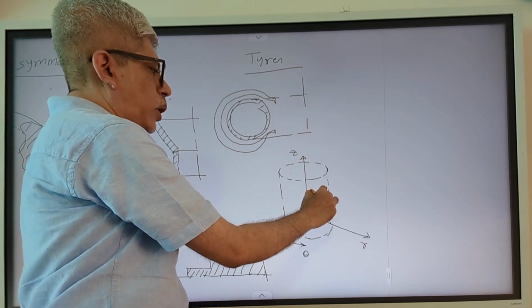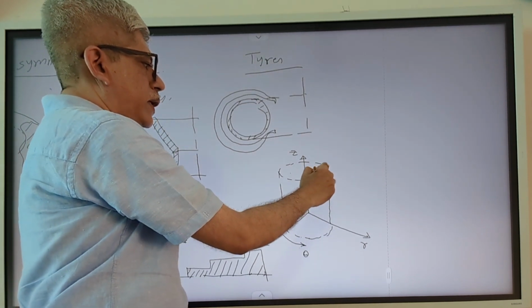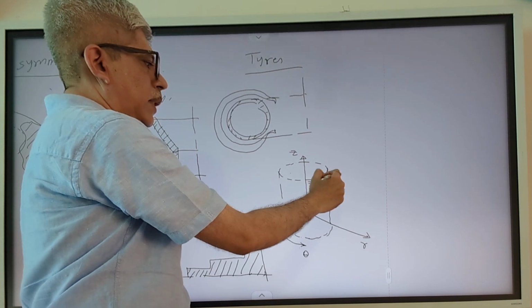Suppose there is a point on the surface of this particular cylinder.